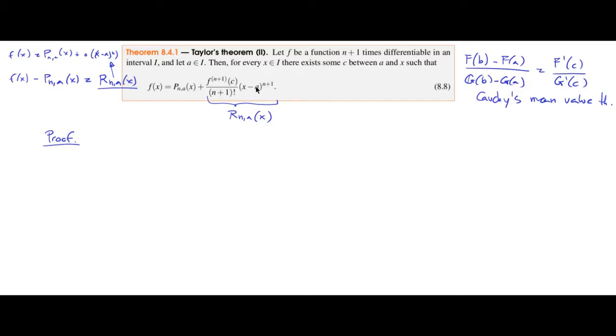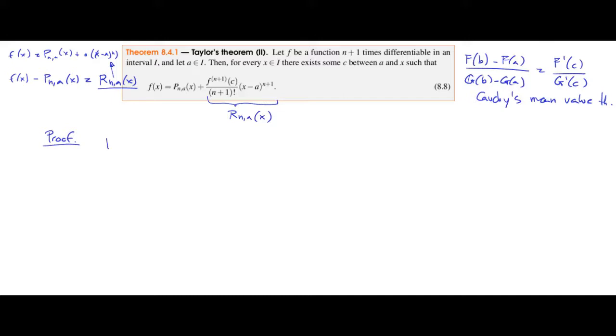Because that way we can get an expression for this coefficient. So the idea is how we can define F and G so that this fraction is f minus p divided by (x minus a) to the n plus 1, and then in the right hand side we're going to have this expression.